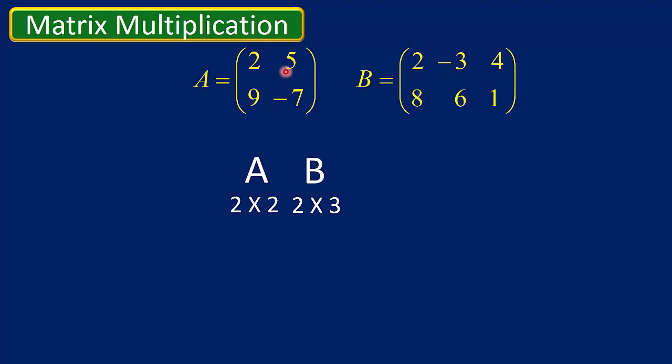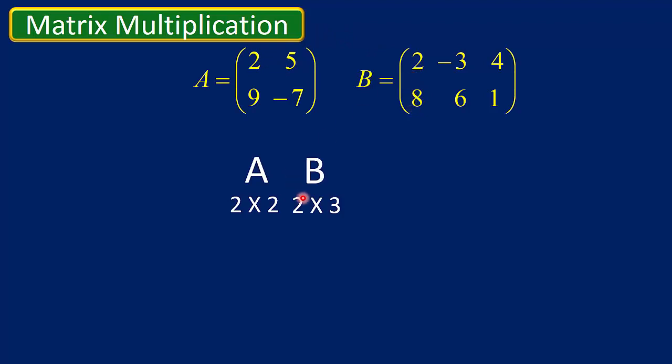So this times this, this times this, and this times this. So we're going to say 2 times 2 plus 5 times 8. Now notice these match up. The column here, there's 2. Okay, so this row here, each number matches up with one number in this column, right?